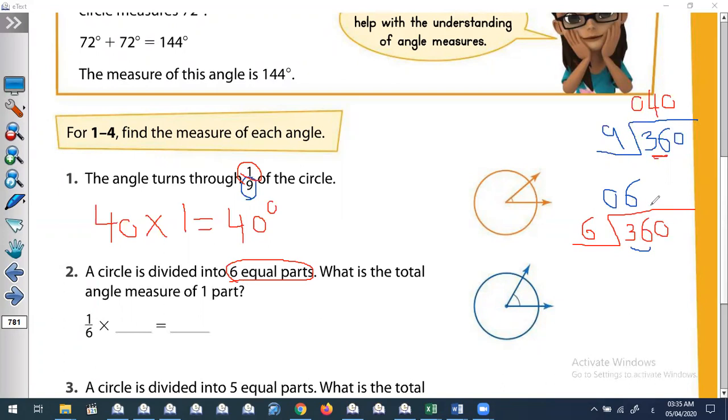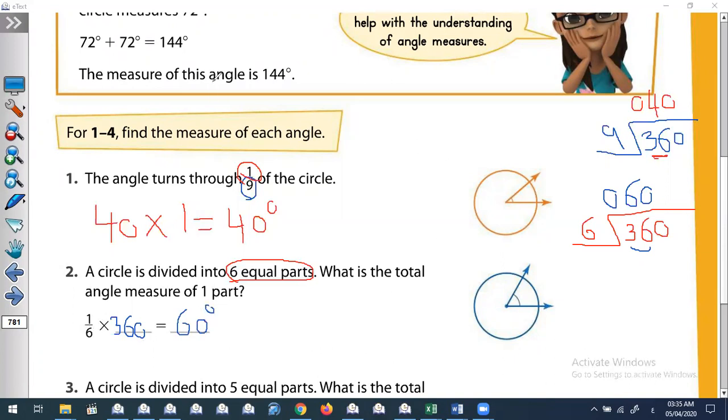Don't forget the 0 will be up. So I will multiply 1/6, the fraction, by 360. Multiply, like divide the 360 by 6, no problem. 1/6 times 360, our answer is 60 degrees.